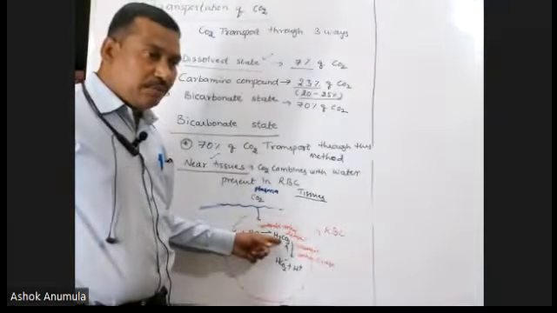Two substances change into opposite direction through the RBC wall.